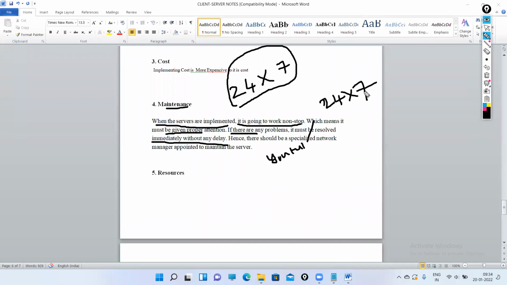Now, it is difficult to maintain that server 24 by 7 without any error. So it is difficult to maintain for the client server model. Why? Because all servers run 24 by 7. This is another disadvantage.